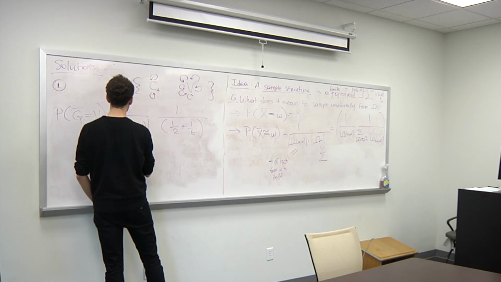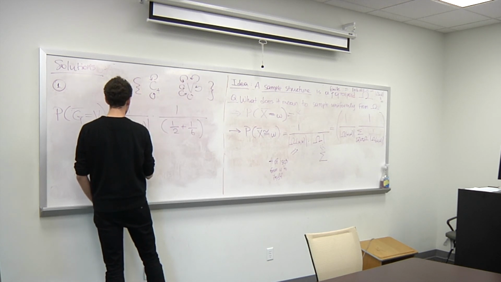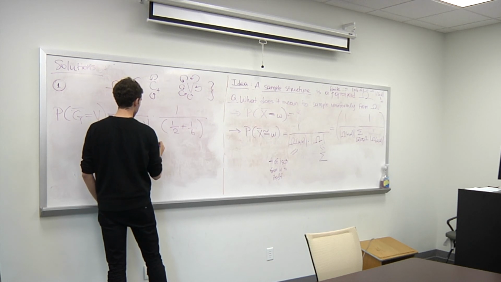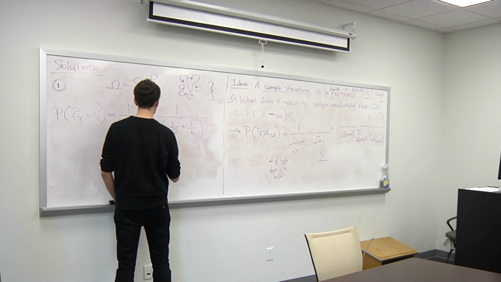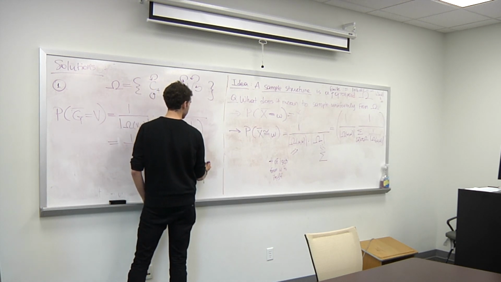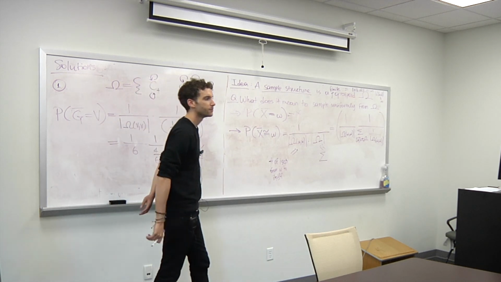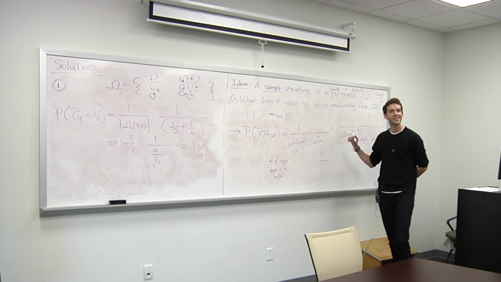And this is equal to a sixth, because there are 6 arrows here, times 1 over, let's be very careful, times 4/6, which is equal to a fourth. Or 3/4, depending on what choice you make here. In any case, not a half.